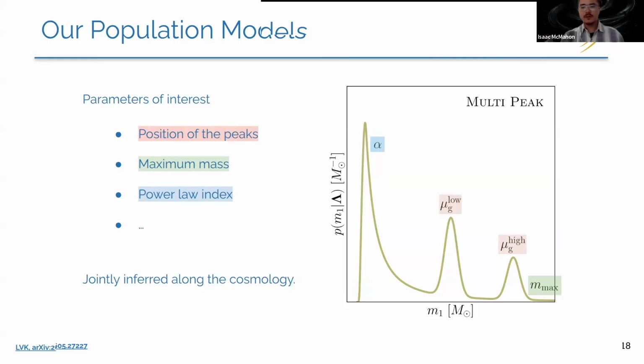And so if the peaks are shifted to the left or to the right, this affects and is strongly correlated with the value of H naught. The same thing happens with the maximum mass, which is the upper limit of the masses that can be detected, and the power law index, which is the slope of the mass distribution. So these are the parameters that couple the most with our cosmological parameters, and therefore are the most interesting ones to us. But we do jointly infer these parameters alongside our cosmology.